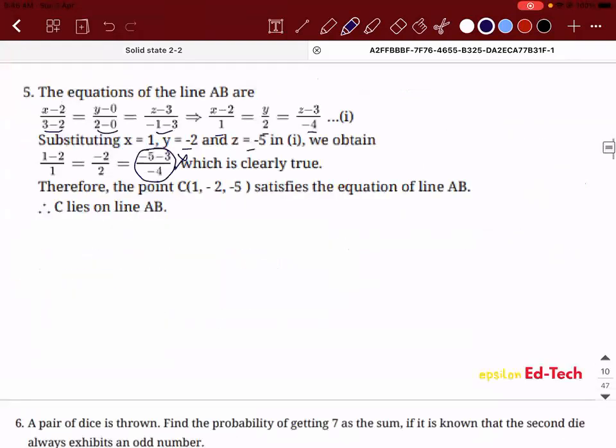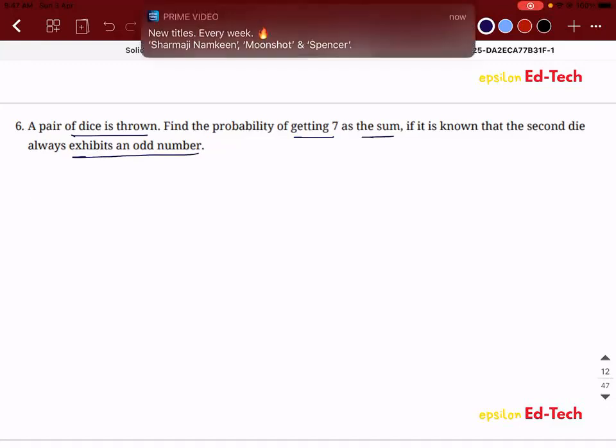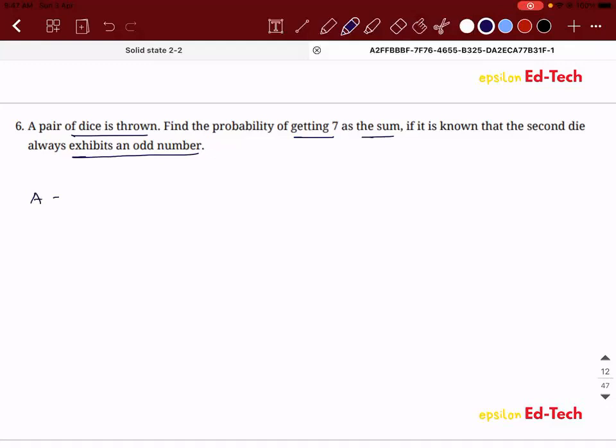Okay, next. There is a pair of dice which is thrown. Find the probability of getting 7 as sum if it is known that the second die always exhibits an odd number. So this is a conditional probability. Let A be an event where the sum is 7.